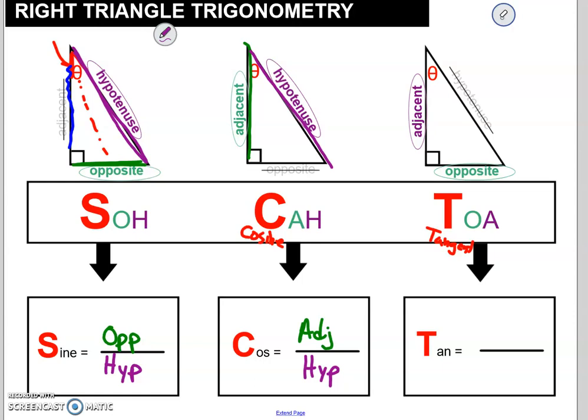So the cosine is the adjacent over the hypotenuse. And then finally, the tangent, which we remember with TOA, the opposite side is the numerator, and it's the adjacent side that's in our denominator. Altogether, we can kind of think of this term SOH CAH TOA to remember those different trig ratios.